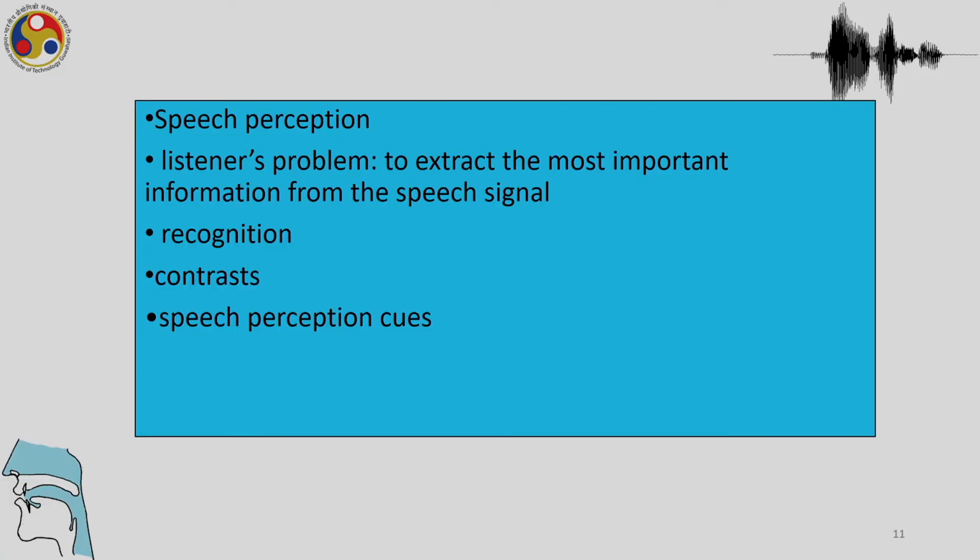So, speech perception essentially is a problem that can be called a listener's problem. How do you extract the most important information from the speech signal, from the acoustic signal? What is the process which is responsible for extracting the most crucial information?